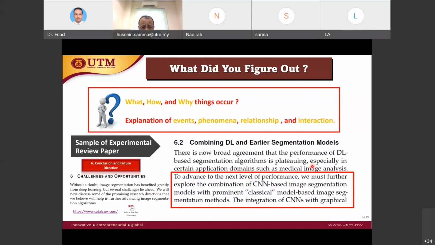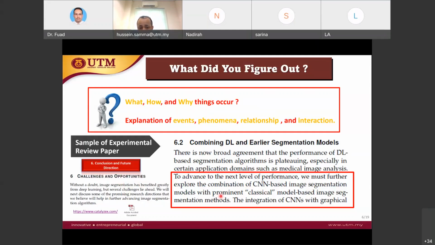So we can see here we have the last section of the experimental review paper, which is about the challenges and the future work. So this should be clear for you. From this point, you must know what's the next step that you need to conduct.